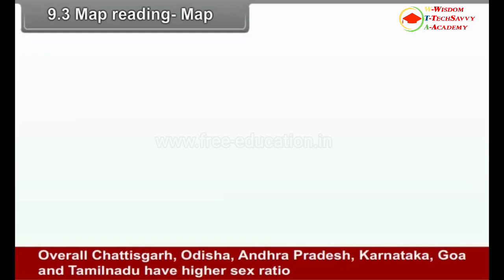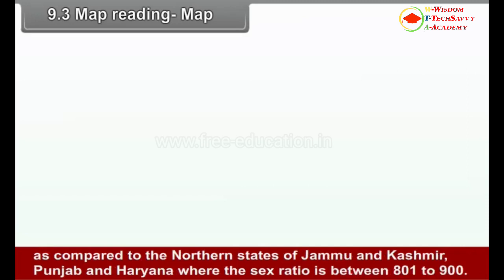Overall, Chhattisgarh, Odisha, Andhra Pradesh, Karnataka, Goa and Tamil Nadu have higher sex ratios as compared to the northern states of Jammu and Kashmir, Punjab and Haryana, where the sex ratio is between 801 to 900.